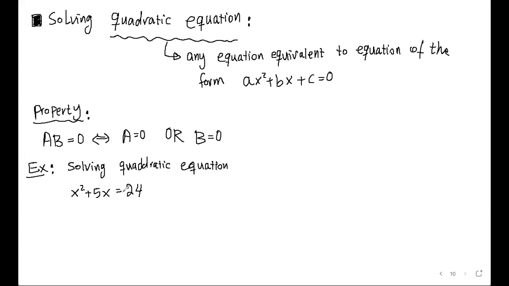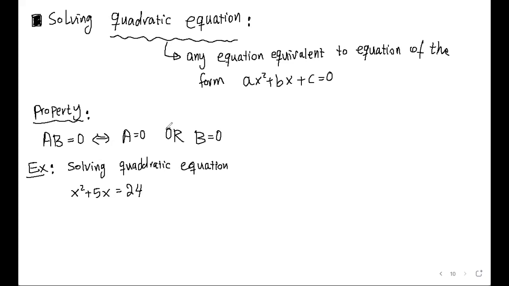First of all, this is a quadratic equation because the highest exponent here is 2. So for solving something like that, I prefer to move everything to one side. Then after you move everything to one side, you factor.